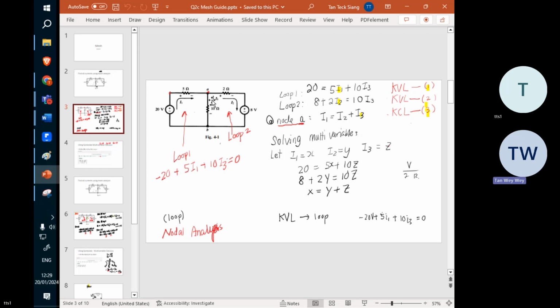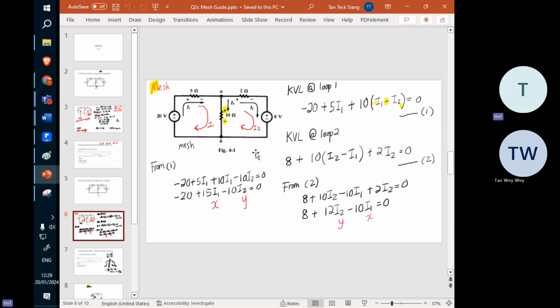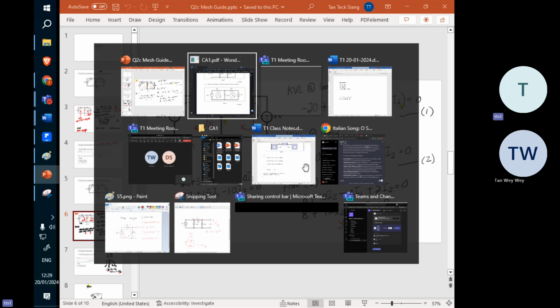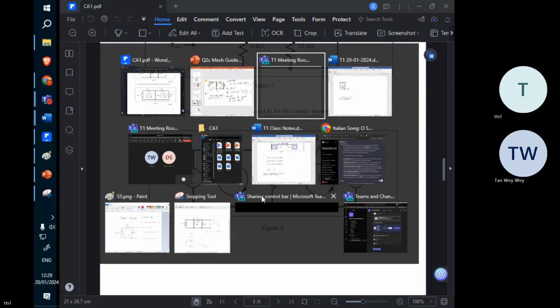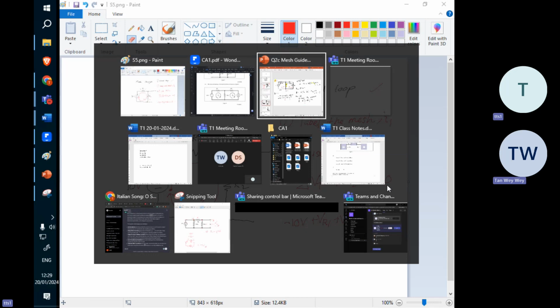Then we use KVL. Again, we use KVL, to sum all the voltages in a mesh.